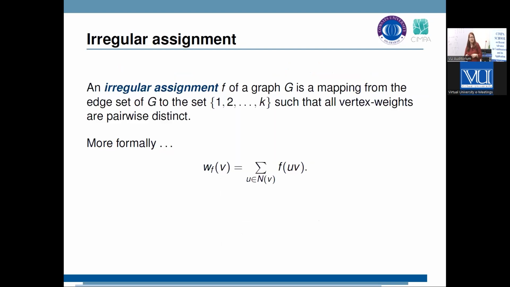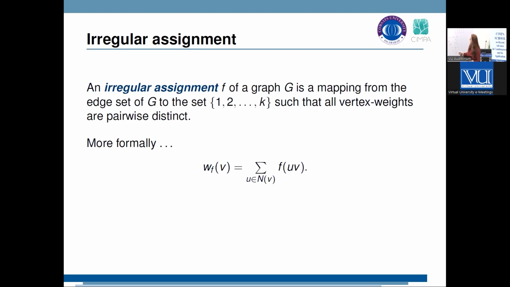And this leads to the concept of irregular assignment. So what is an irregular assignment of a graph? It is a mapping that assigns numbers 1, 2, 3 up to some number k to the edges of a graph, such that we require that all vertex weights are pairwise distinct.